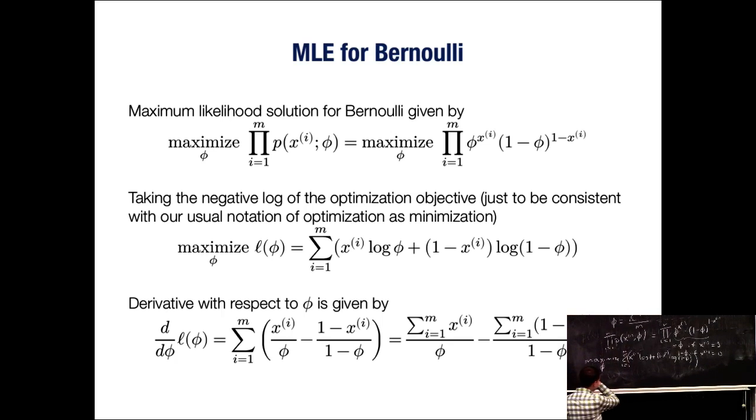The derivative of the log likelihood of phi is the sum from i equals 1 to m of xi over phi minus 1 minus xi over 1 minus phi. I'm just using the fact that the derivative of the log of x is 1 over x. And to optimize it, I just want to set this equal to 0.